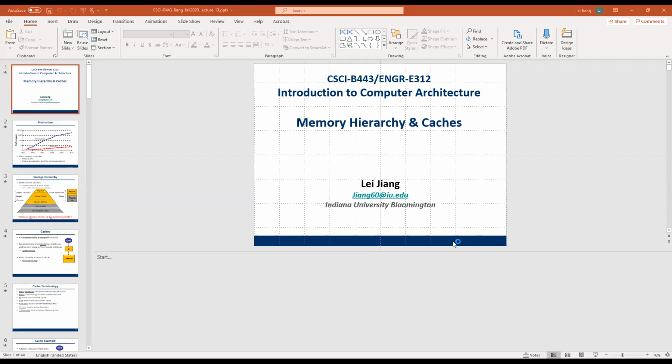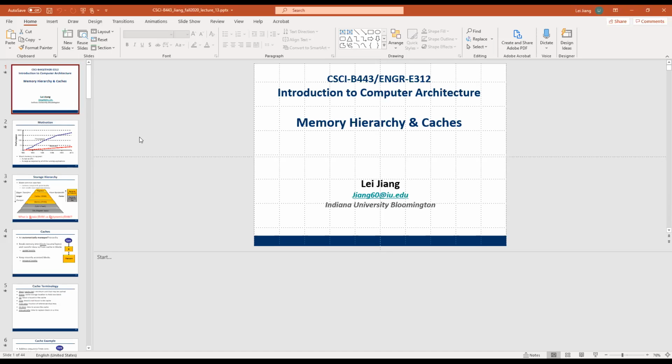We introduced the details inside each stage of the 5-stage pipelining. And then we also introduced the metrics to evaluate better pipelining, meaning uniform sub-operations, dependencies, and some control flow.